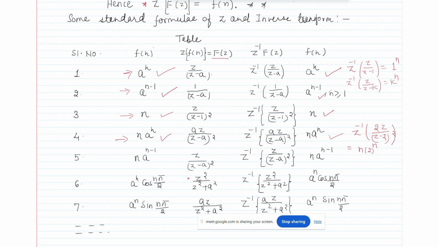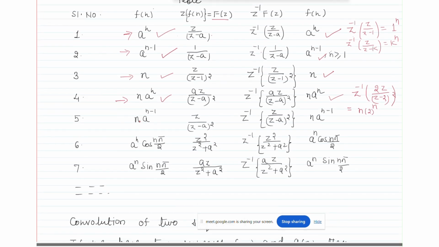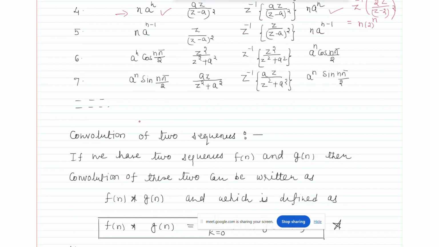So I think everyone is clear about how to get the z inverse of the function of z, and how we can write these particular formulae with the z transform. This complete list from 1 to 7 I have written here, and you all have to learn this list.